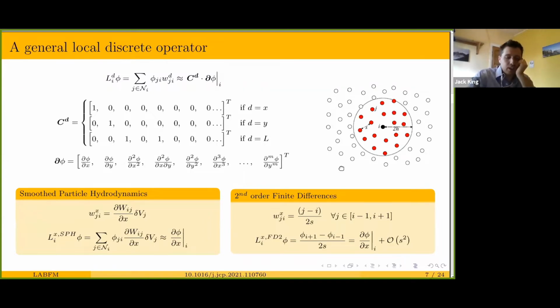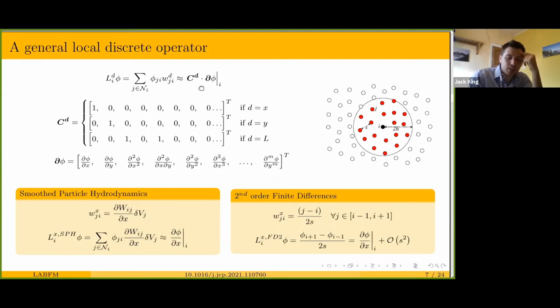So I'll first define this general local discrete operator L on this stencil, which is the sum of the differences between the properties of the node i and its neighbors, multiplied by an ij-specific weight.